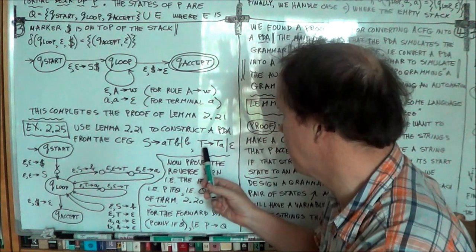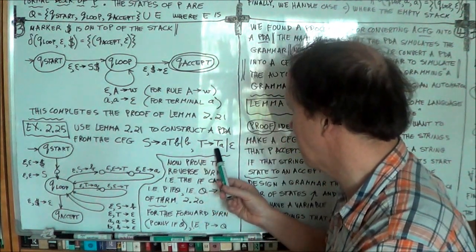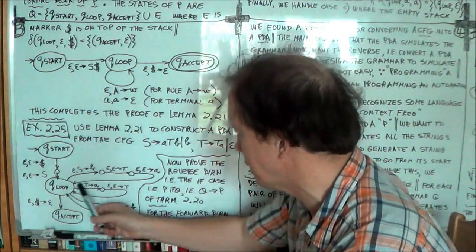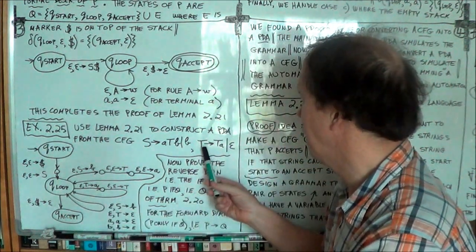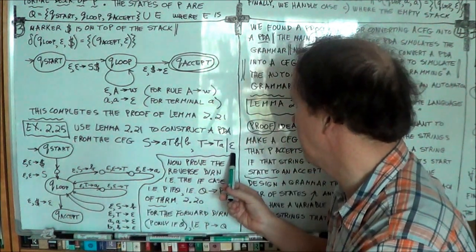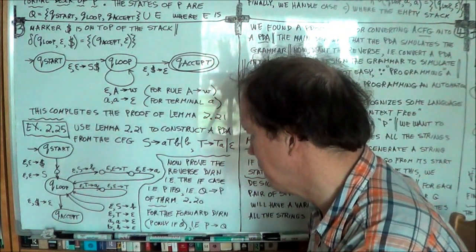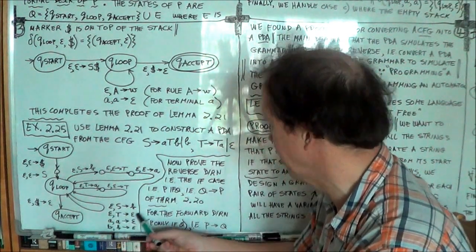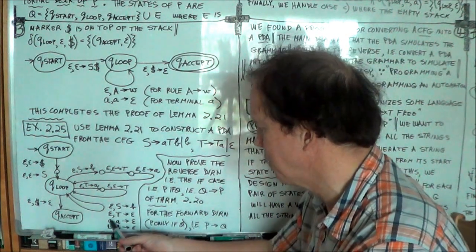Now, if the top of the stack is a T, we want to rewrite it as TA. So we'll push AT. That's that loop, back to Q loop, and T arrow epsilon, that's this one here. Okay, so that's that one.